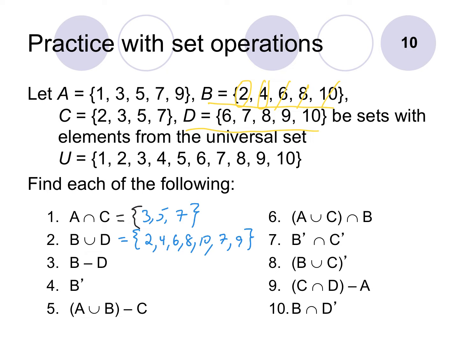So the only elements that are in B, but not in D, are 2 and 4. Notice how that had the effect of taking set B and just throwing away anything that was also in D. So the set subtraction is just a throwaway operator. You're saying start with one set and then just toss out anything that occurs in the other one.